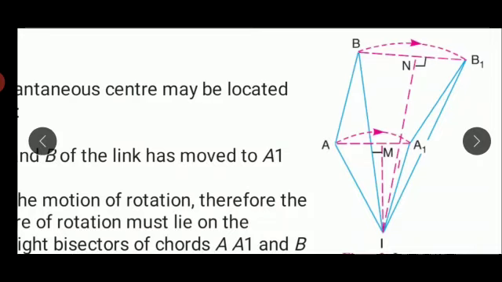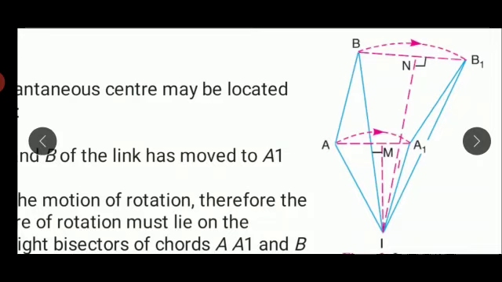Let us join the points A and A1, and B and B1, and bisect these dotted lines. Upon bisecting, we get a midpoint M on line AA1, and on line BB1 the midpoint is N. Let us draw perpendicular projections from point M and point N.